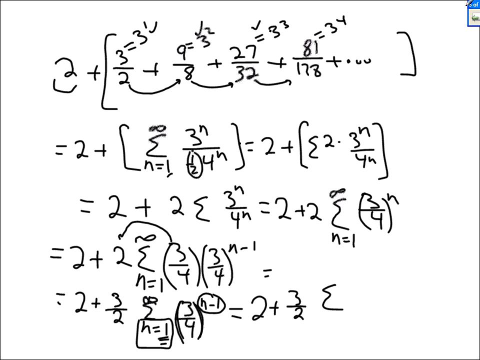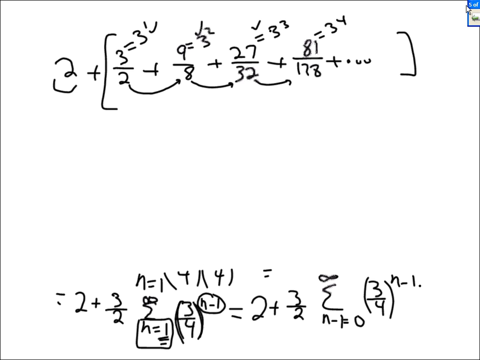If n equals 1, then n minus 1 equals 0. Infinity of 3/4 to the n minus 1. All right, let me erase the middle. And now we are in good position.